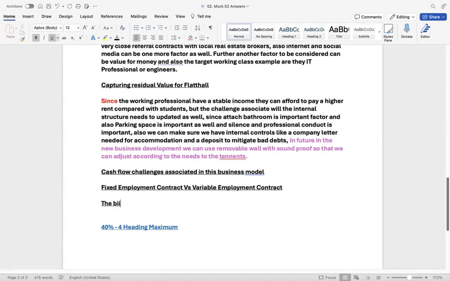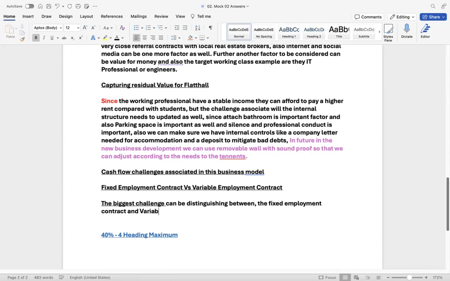The biggest challenge can be distinguishing between the fixed employment contract and variable employment contract.